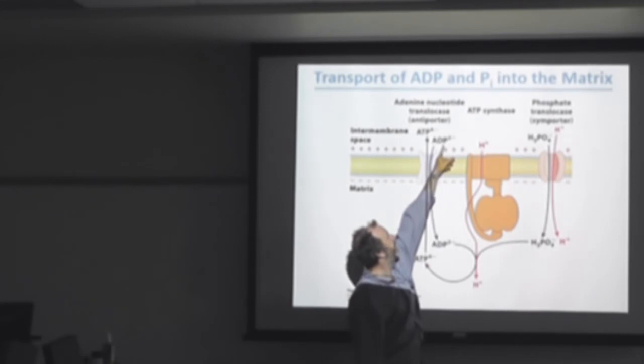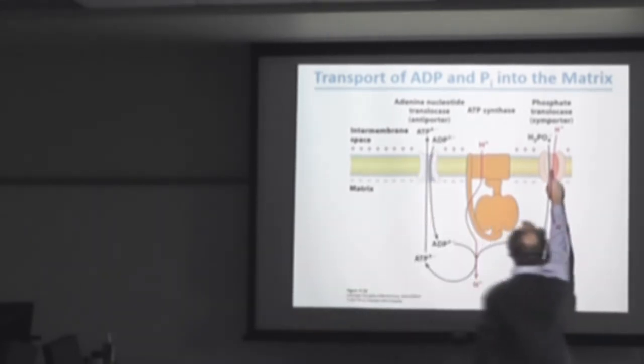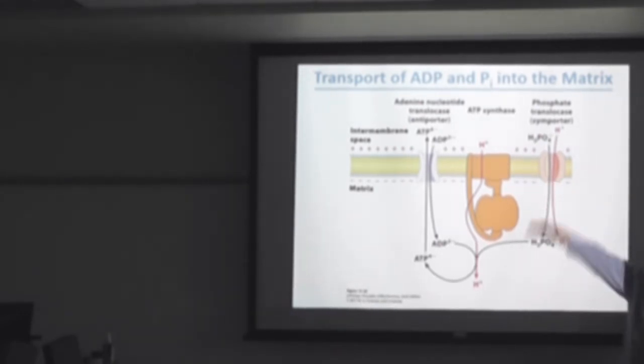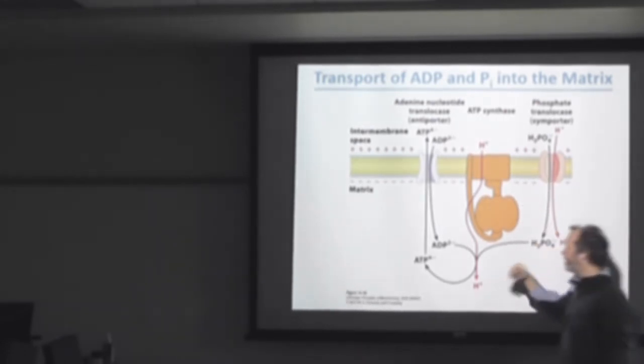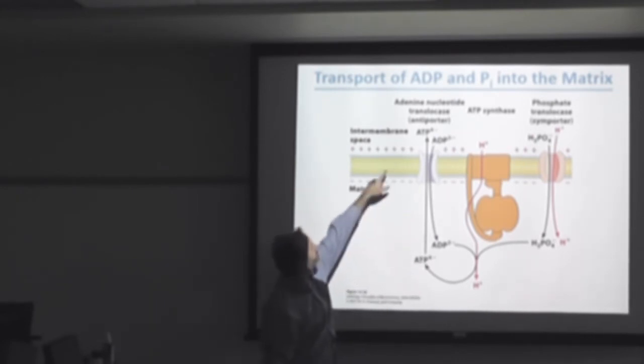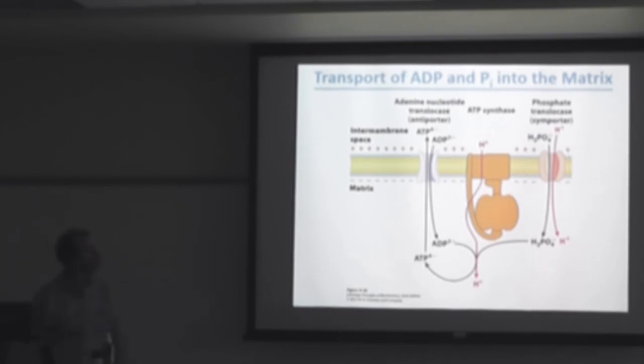ADP has 3 negative charges that has to come in, and phosphate, phosphoric acid, also has a negative charge that has to come in. So you're driving more negative charge into an area with a lot of negative charge already. However, the ATP can translocate out. You're taking those 4 negative charges back out along with it.